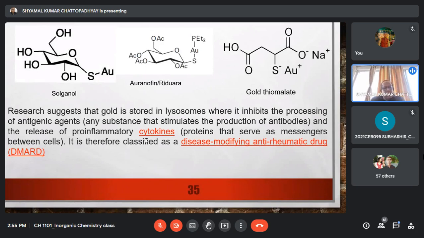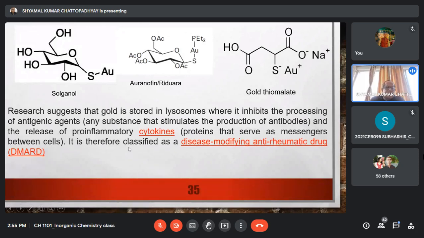So an excess of the immune system reaction sometimes is quite bad. There are certain pro-inflammatory cytokines which are responsible for inflammation and other kinds of diseases. So it controls the release of pro-inflammatory cytokines and thereby reduces pain.